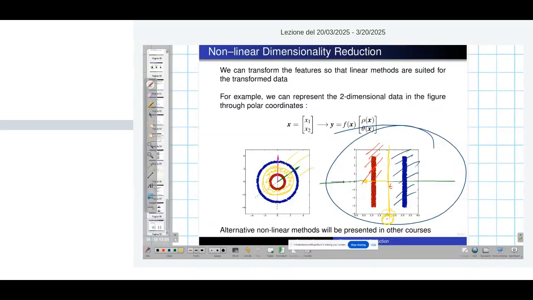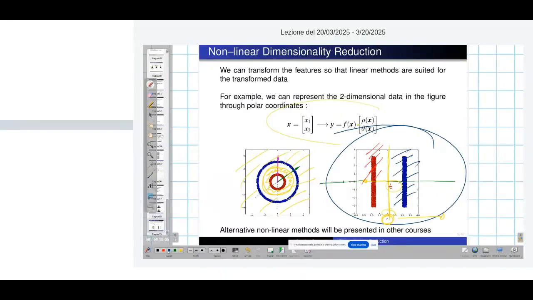Whatever is outside, radius larger than t, will be assigned to the blue class. So I can achieve a nonlinear classification rule through a linear model in a space that contains a different representation of my feature vectors. And we will see how to build these transformations.